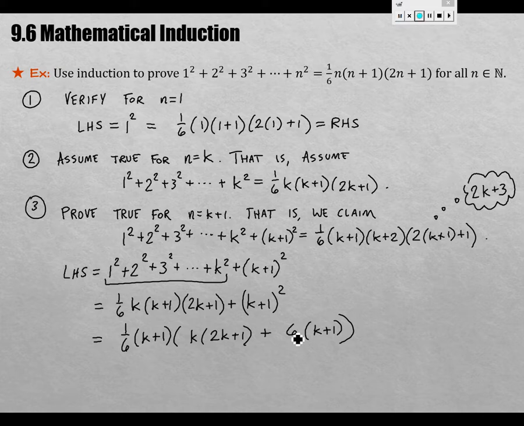Do you see how close we are? We're just hoping that the thing in the big parentheses factors, once we simplify it, to k plus 1 times 2k plus 3, right? Do you feel it? Some of you are already there, maybe. I don't know. Let's see that it works. Was that 2k squared plus k plus 6k plus 6?